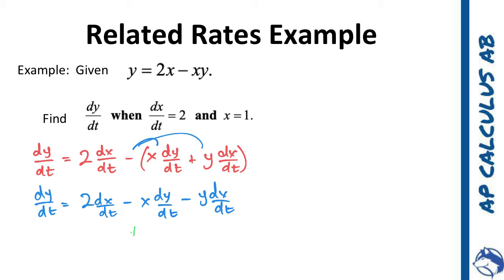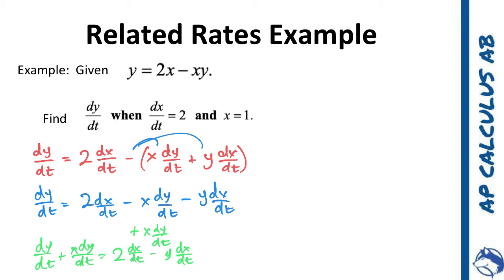So get all my dy/dt's to the other side, and you're left with dy/dt plus x dy/dt is equal to 2 dx/dt minus y times dx/dt.